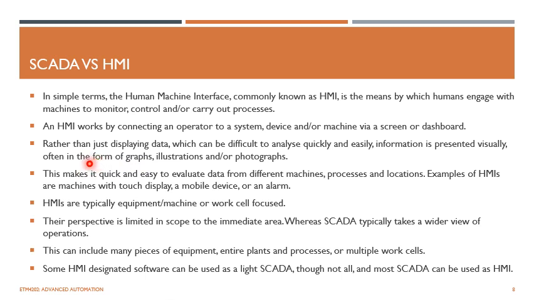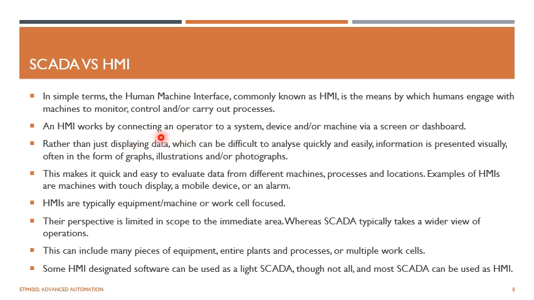So with an HMI, basically, when you're connecting a PLC and you want to control different parameters and inputs, and visualize different outputs, you might need a large number of input and output cards.